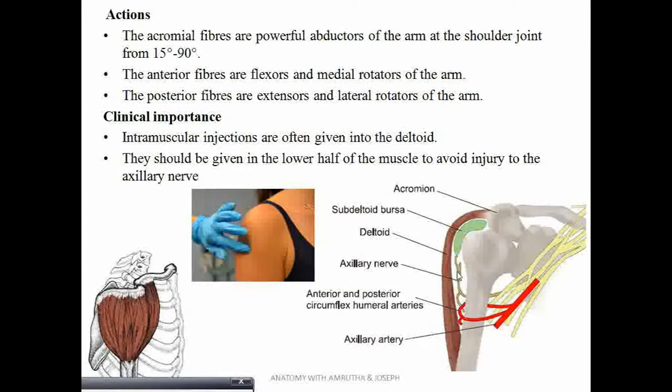This relation should be kept in mind while giving intramuscular injections, because if injections are given in the upper half, there is a chance that the nerve can get damaged. So it should be given in the lower half only, because the upper half of the muscle is related deeply with the axillary nerve, whereas the lower half is not.